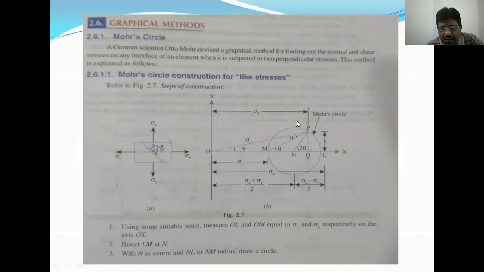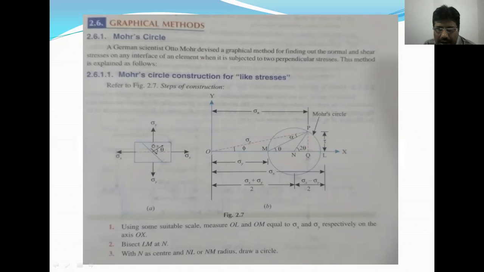When we draw a line from n at an angle of 2 theta, this is the point P, which falls on the line NP and also on the circumference of this circle. From point P, we will drop a perpendicular, and this PQ will represent shear stress.